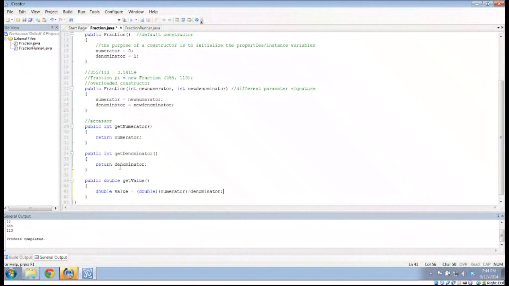So I've got a double divided by a double, which is a double. And then I want to return value. So I've assigned it to a variable, and then I've returned that variable.